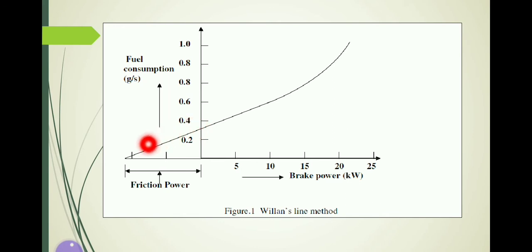So this is nothing but the friction power. So this method we can also call an extrapolated method. That means we are just extending this graph in the negative direction, and we will get the amount of friction power at the point where this graph intersects the x-axis. So this is nothing but the friction power. So by using this graphical method, we are able to find out the amount of friction power which is produced inside the engine.